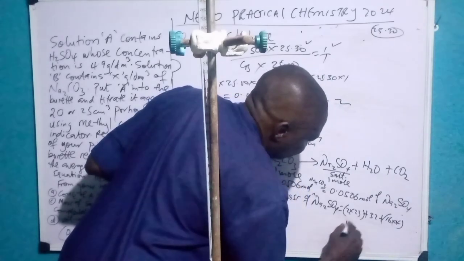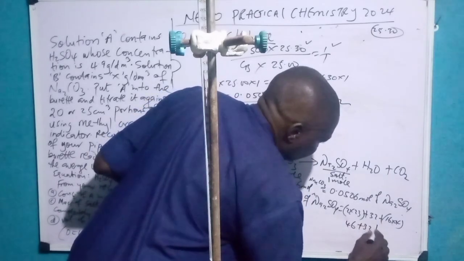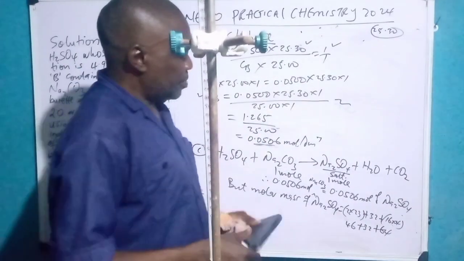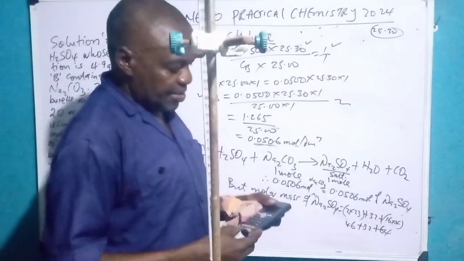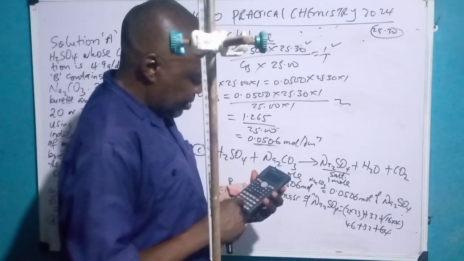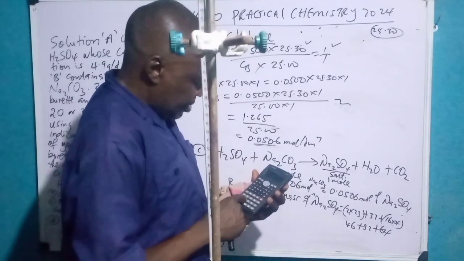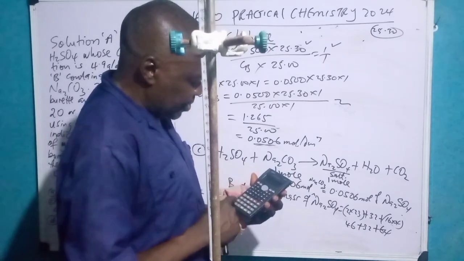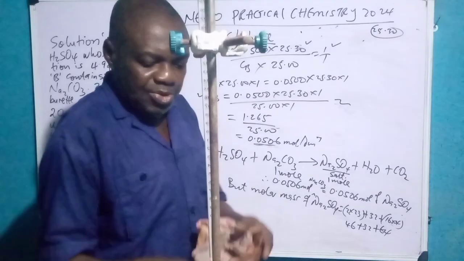This gives you 46 plus 32 plus 64. Remember, we're calculating molar mass, gram per mole. 46 plus 32 plus 64 gives you 142.